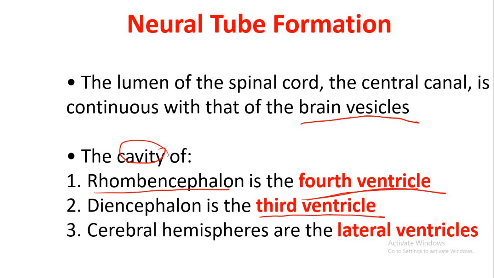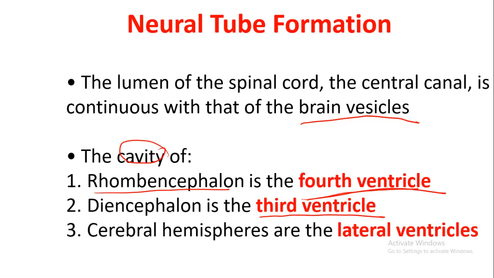Then, with that being said, we need to understand that the lumen of the mesencephalon, which did not divide, normally connects the third and fourth ventricles. The lumen of the mesencephalon, because the mesencephalon is between the prosencephalon and the rhombencephalon. And then we know that the prosencephalon will give rise to the telencephalon and the diencephalon.